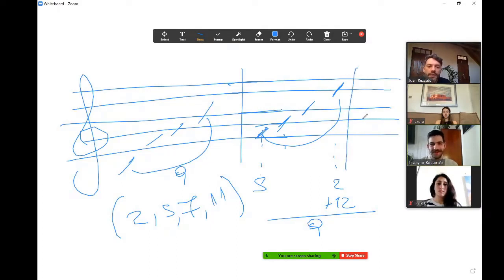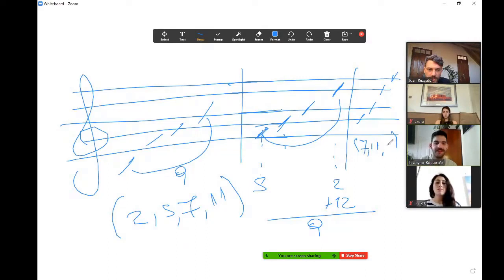And then we rotate it again. So we do Sol, Si, Re, Fa. Again. 7, 11. 7, 11.